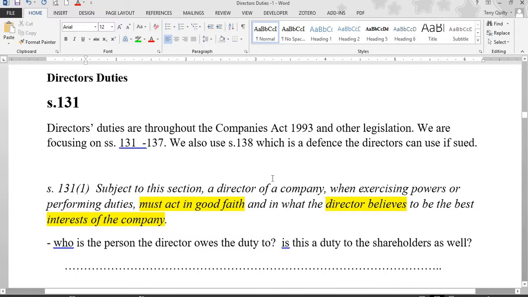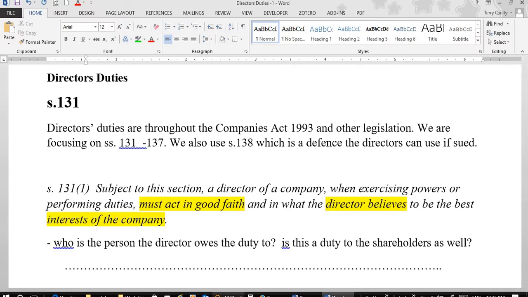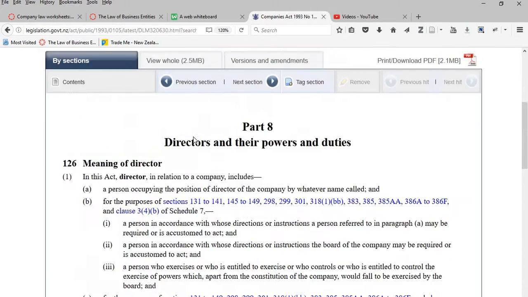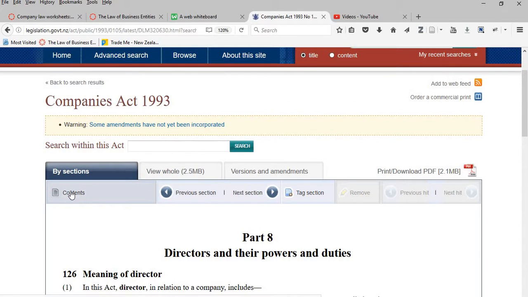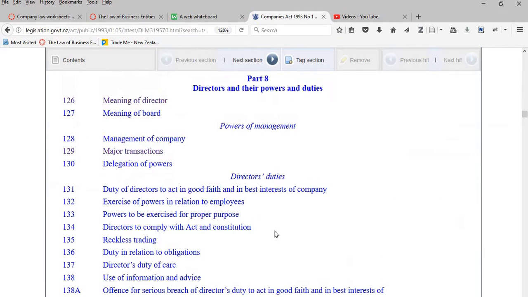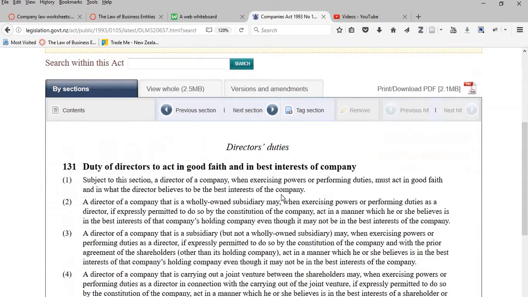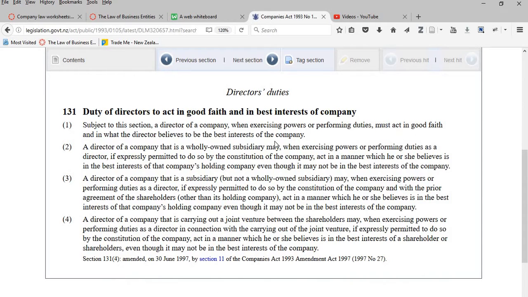Now, what we're going to look at now is to work through some of the sections which make up directors' duties. So the previous questions were really about who's a director. These questions are about what are the actual duties of directors. So we're staying with duty to act in good faith and best interests of the company, which simply says exactly what the title has: act in good faith, which is honestly, and in what they believe to be the best interests of the company.